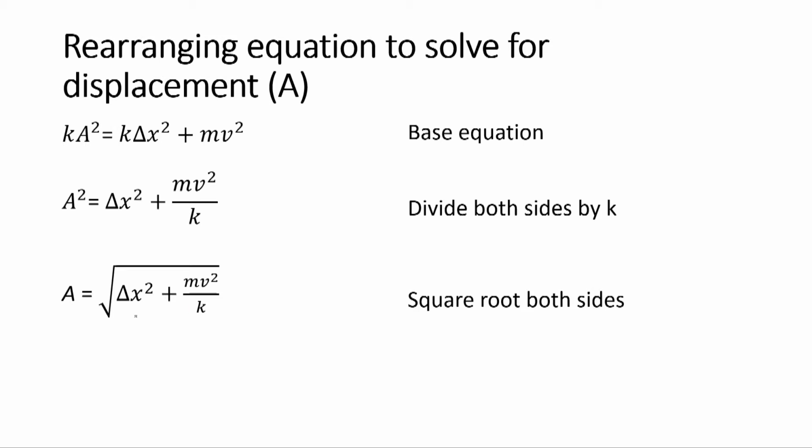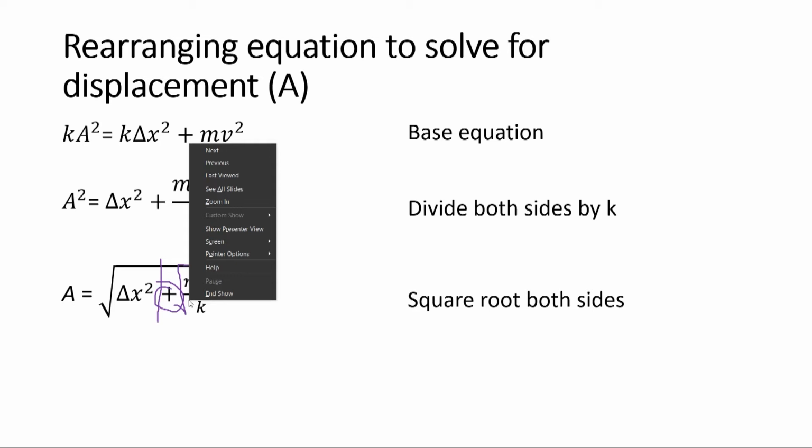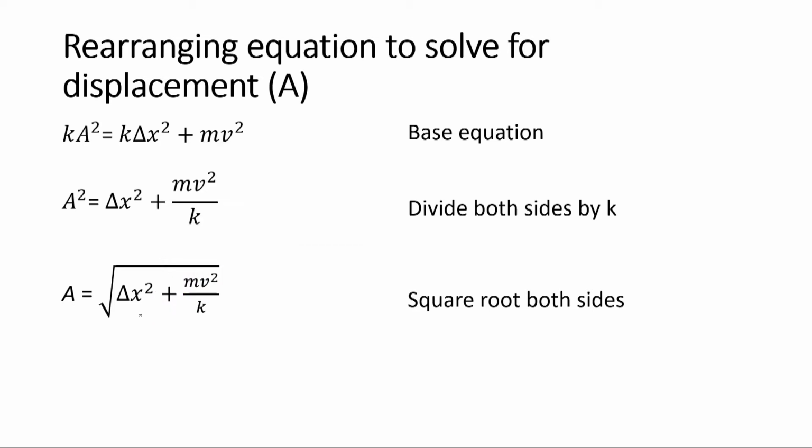And you may be wondering, well, Eli, why don't you just do the square root of x squared as one term, and then have the plus, and then the square root of this? Well, my answer is you're not allowed to do that. That plus right there is preventing me from separating the two terms. So I have to leave my answer like this, which looks a bit nasty, but it's physics. It doesn't look pretty, huh?